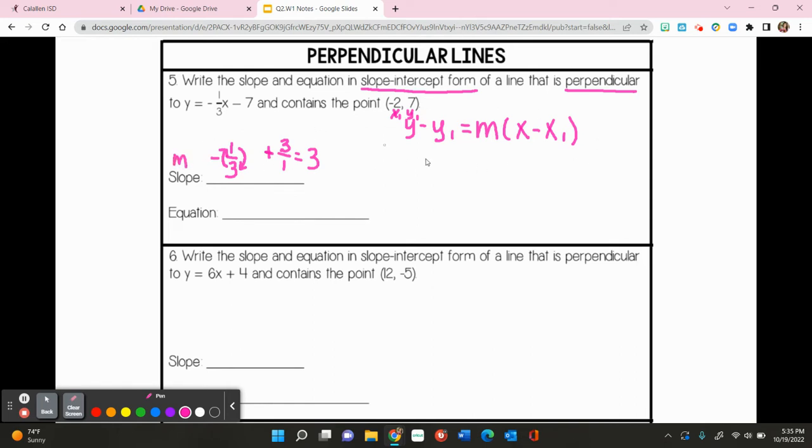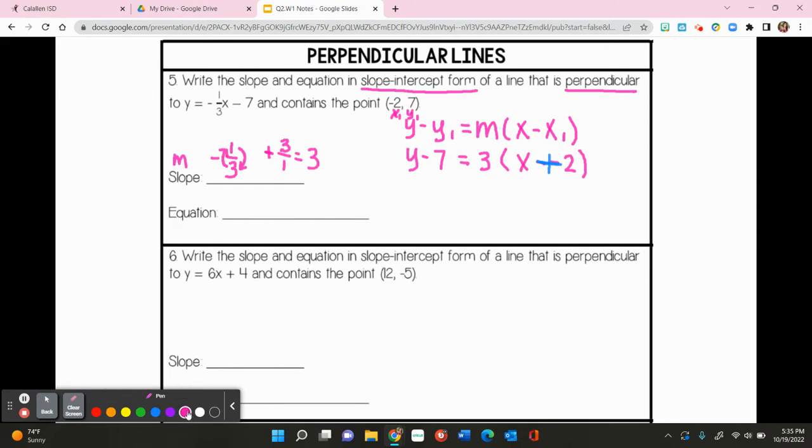I plug this information into the formula: y minus 7 equals m, which is 3, times (x minus x1, which is -2). Now remember, after you've put in all of your information, you have to go back and check for double signs. We see that we have two negatives here, which means that it now becomes an addition sign.